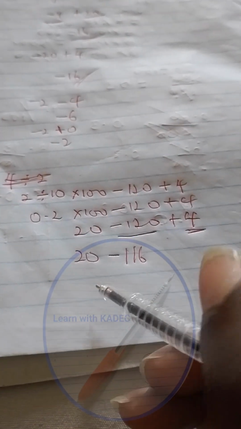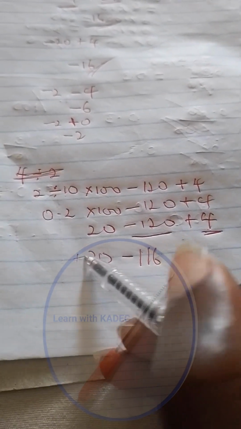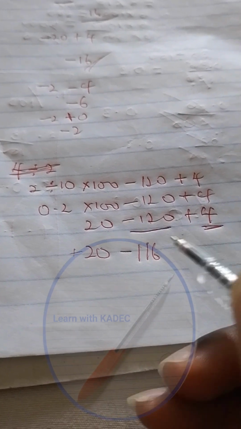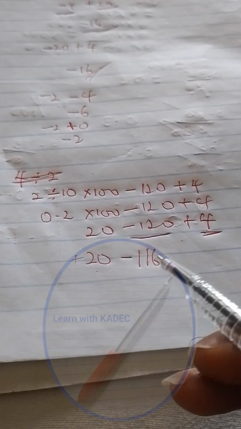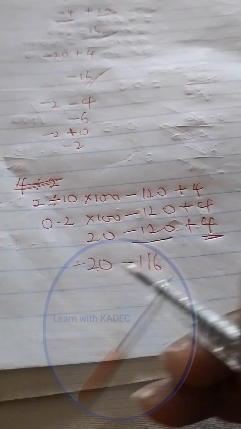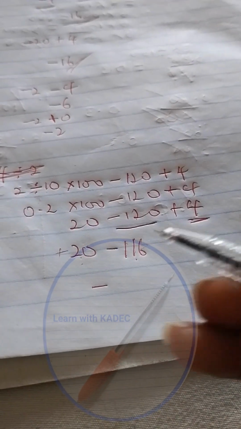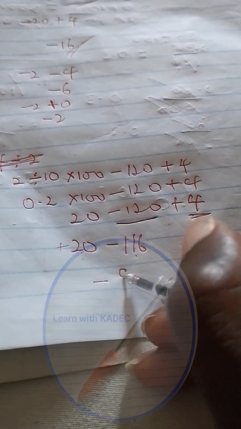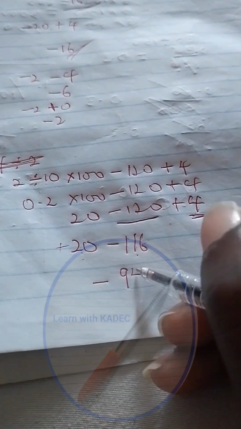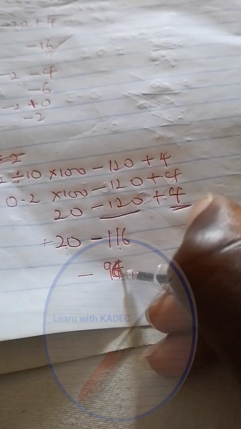Are you seeing the idea? So now, it's telling you the same thing. It's assuming that this is plus mathematics. So you have only 20 and you are owing 116. If you use this 20 to pay back the 116, are you still owing? Yes. How many are you now owing? You are now owing 96.